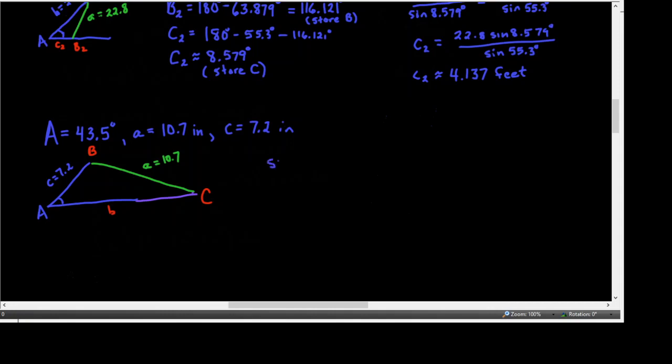The sine of the unknown angle C over side C, 7.2, is equal to the sine of A, which we do know is 43.5 degrees, divided by the length of A, which is 10.7 inches.